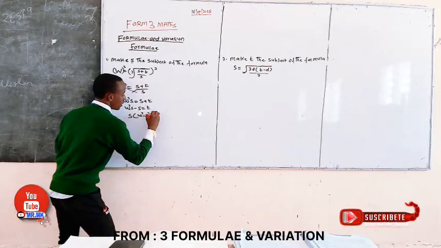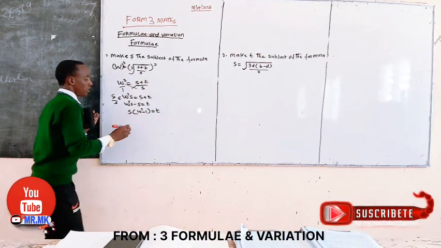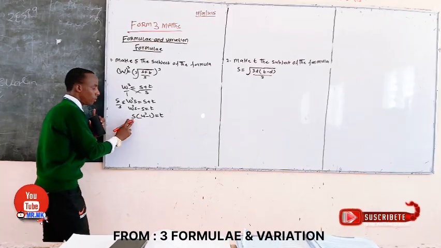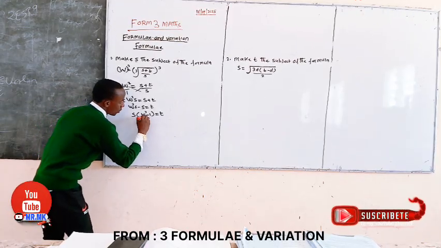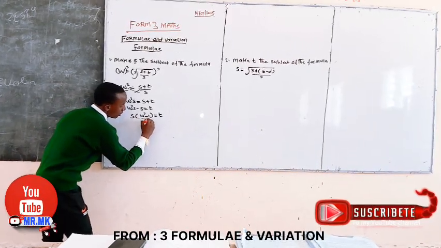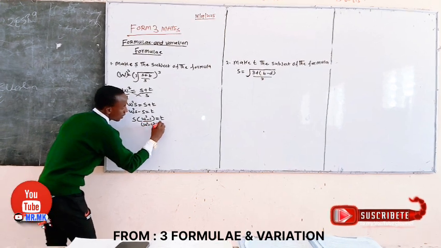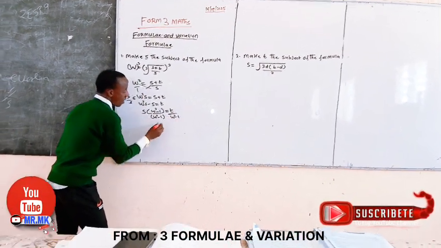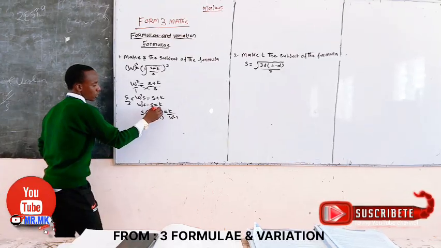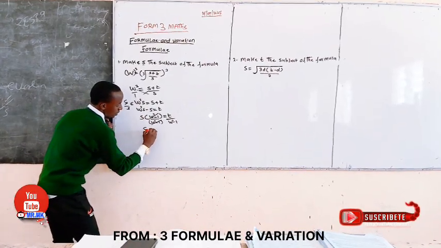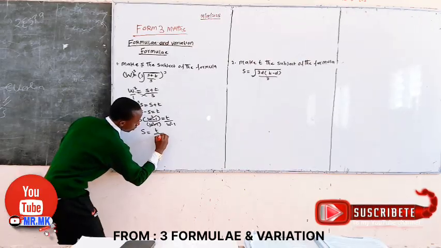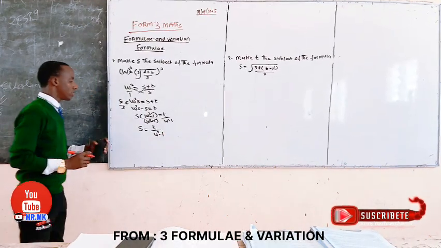Close the bracket, is equal to T. You just divide by what is inside the bracket, W cubed minus 1 over W cubed minus 1. W cubed minus 1 will cancel. Now I will remain with S is equal to T over W cubed minus 1.